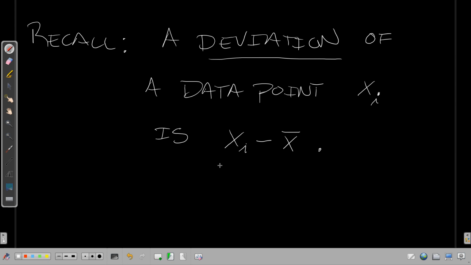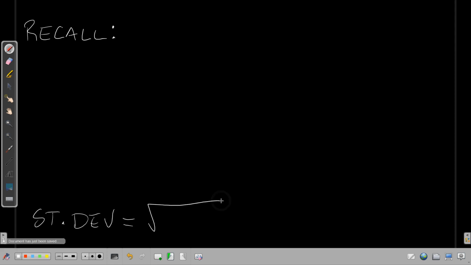So I have this deviation, and we built the standard deviation in 2 steps. We said that the standard deviation was equal to the square root of the variance.